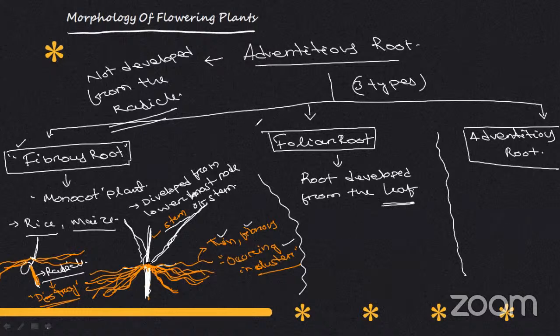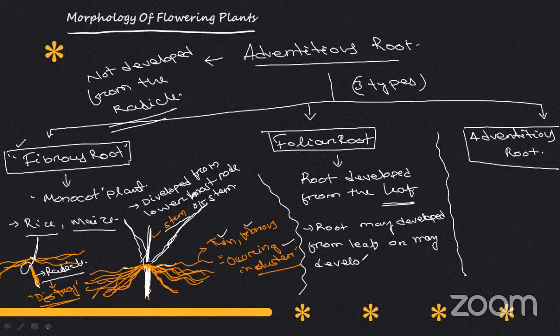The root may develop from the leaf margin. What is leaf margin? We have to discuss. Or it may develop from the petiole of the leaf.